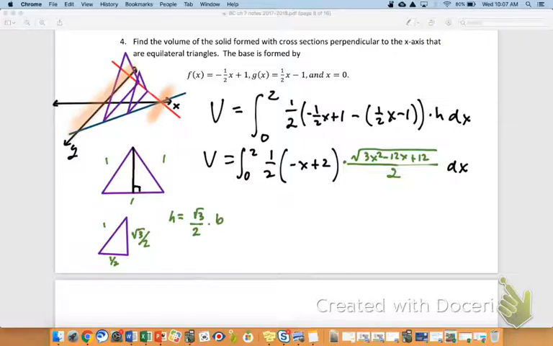So you put that into your volume with the integral, saying integral from 0 to 2 of 1/2 base times root 3 over 2 times base dx. That's essentially what it works out to.